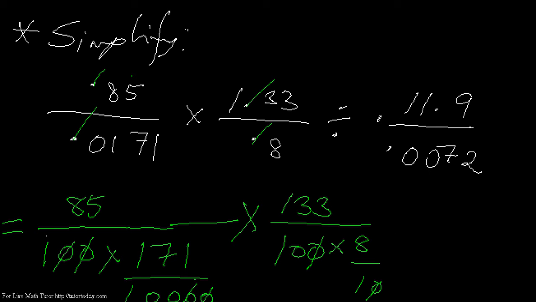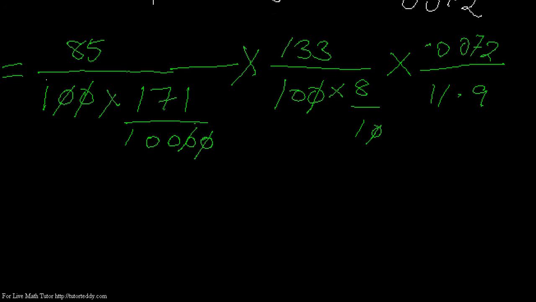Next I have divided by another thing. So we can change it into a multiplied sign if we take the reciprocal of this portion. That means the denominator goes up: 0.0072 divided by 11.9. So that equals what? Again here I have in the numerator 85. In the denominator I have 171.